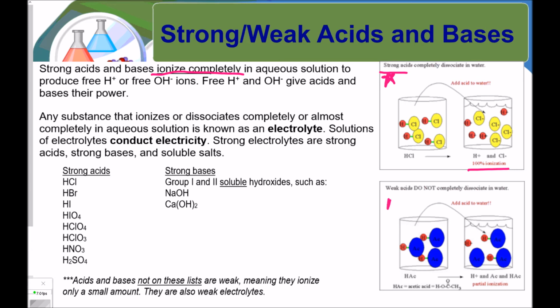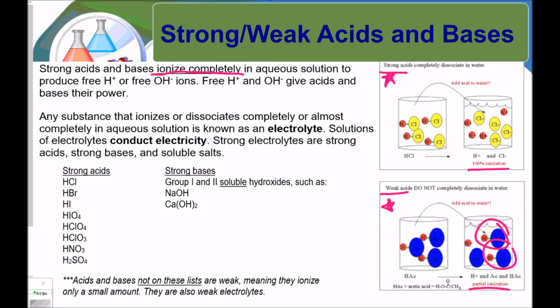If we look at our next example down here, we've got acetic acid where we've got hydrogen bonded to acetate. If we pour it into water, they only break apart sometimes. See, these are still attached, but this one has broken apart. So it's partially ionized, making it a weak acid.